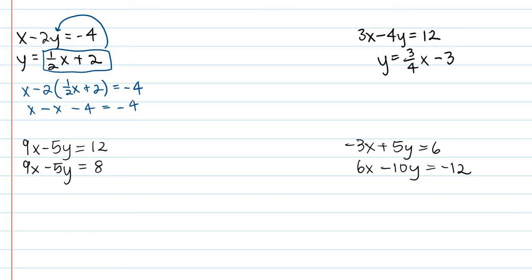What happens to my x's is they cancel out because x minus x is 0 x's. And I get -4 equals -4. So this here, when I get this result, that's an indication that I have a true statement, which means that I would actually have infinite solutions.